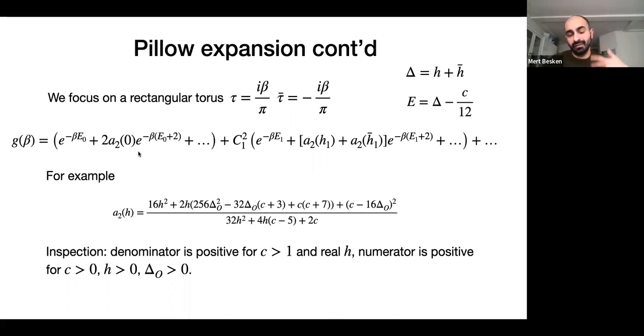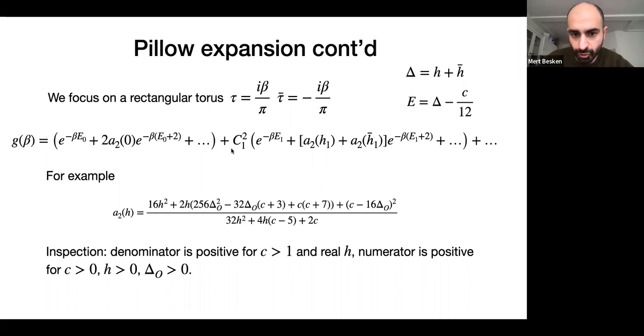It's not just a 2-point function, because the identity block has all of the polynomials, multiples of the stress tensor, so it's an infinite expansion, just like the first excited state. So now I'm using a new definition. Instead of writing C phi phi 1 denoting the first excited state, I'm shortening that to C1 squared.